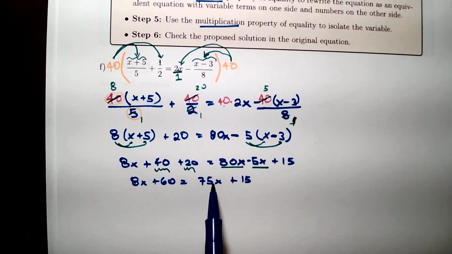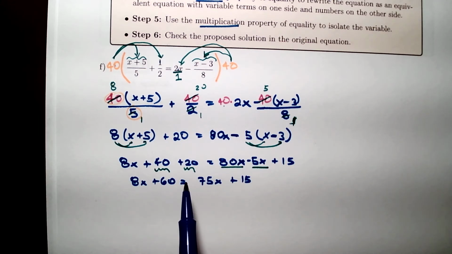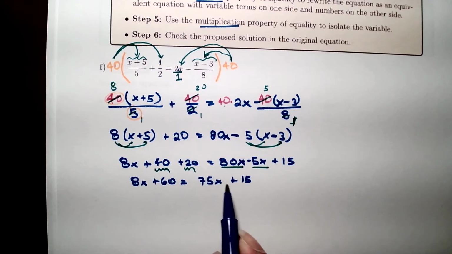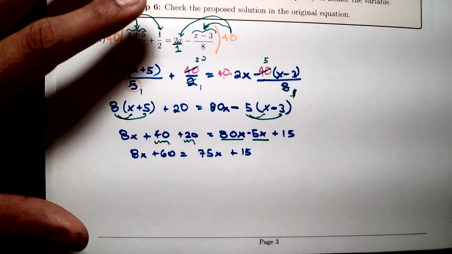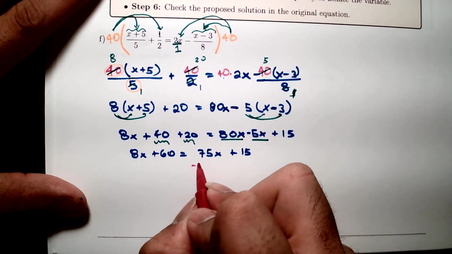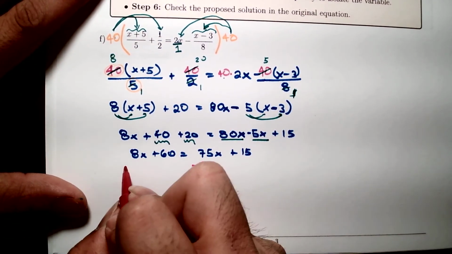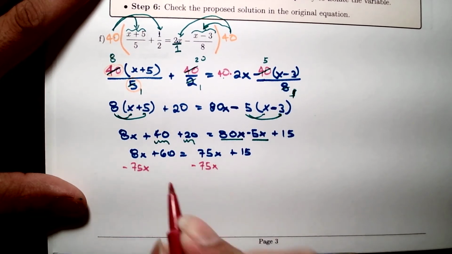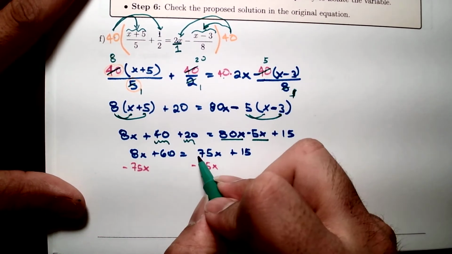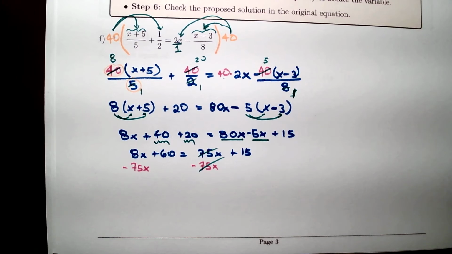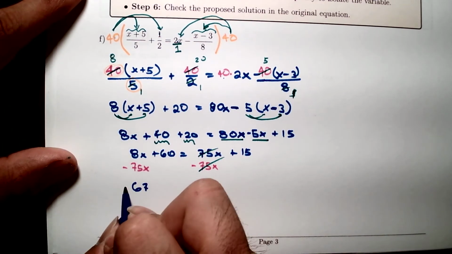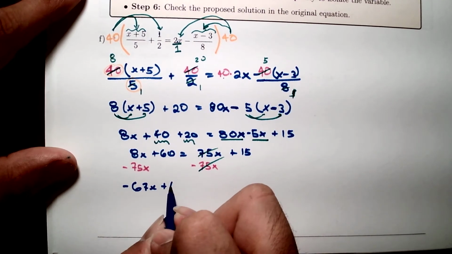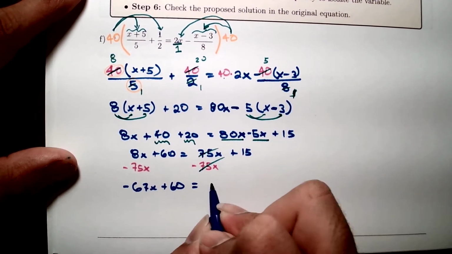Either we move the 75 to the left hand side and then the 60 to the right hand side, or we can do the 60 first and then the 75 afterward. Doesn't matter, but I will move the 75 on both sides. So cancel, cancel. I'm going to get negative 67 here. Next, plus 60 equals 15.